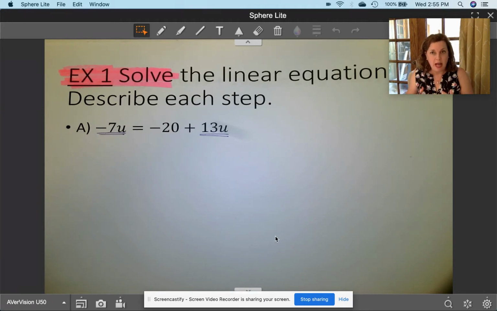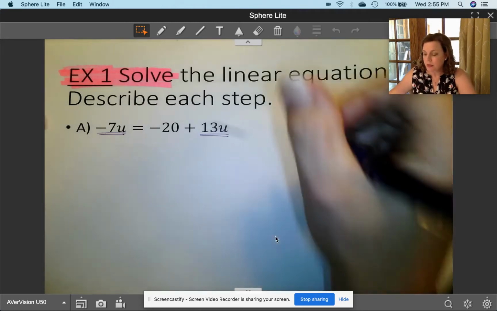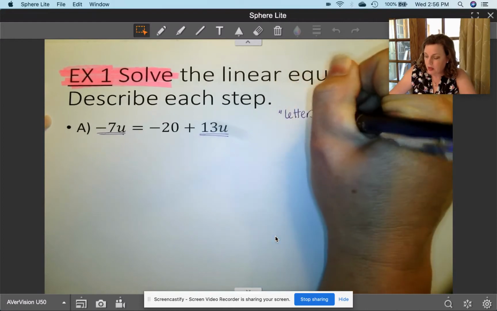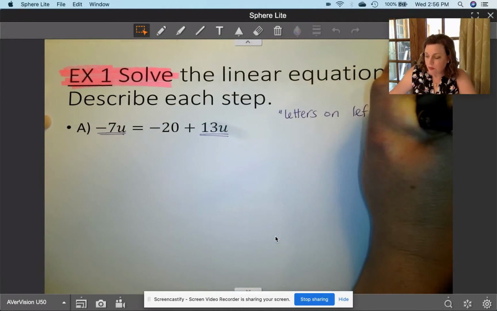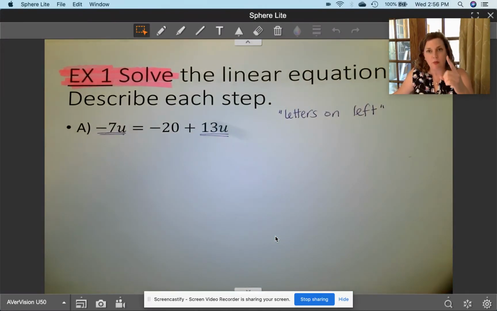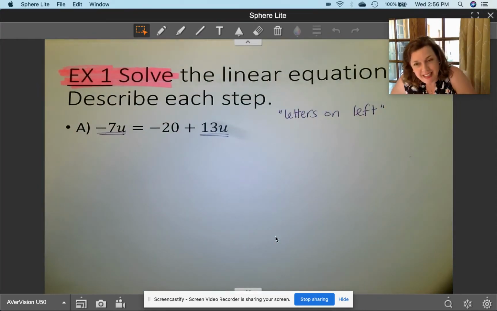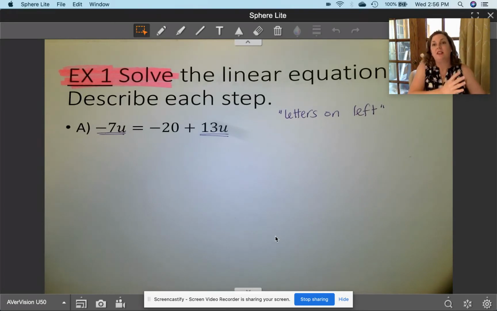So for now, I'm going to stick with one particular process, and I'm going to say that we want letters on the left. I haven't used that before because we've only had one variable. So everything up until now, we've only had a letter on just the left side of the equation or just the right side.